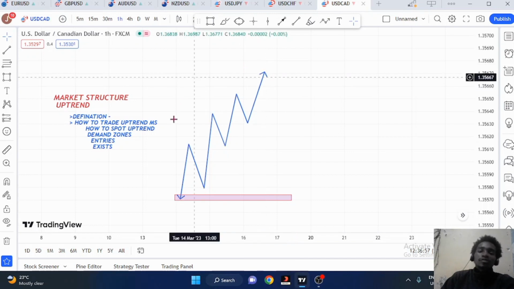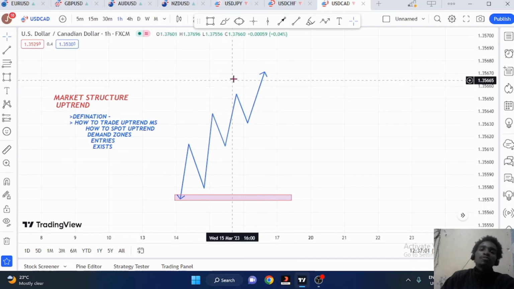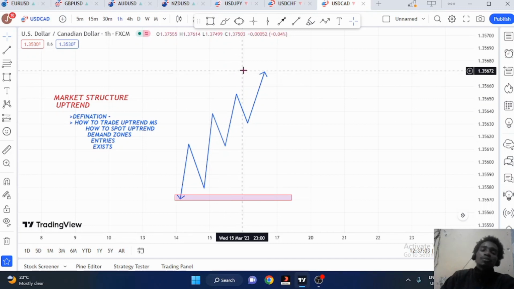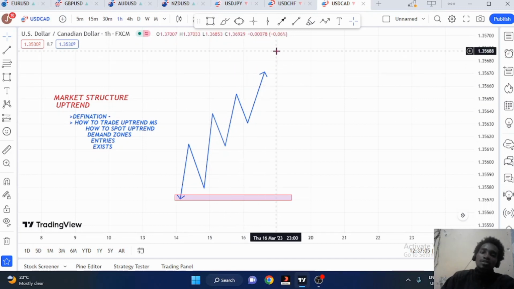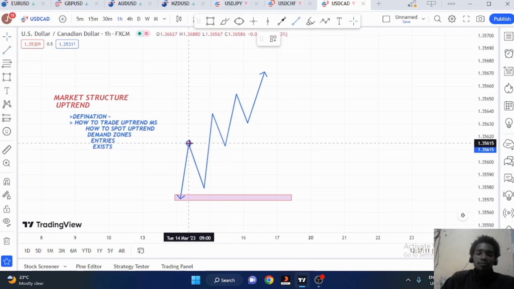Now, from this type of structure, if you have been in the market, you can see a few things. One thing you can see is what we call break of structure.